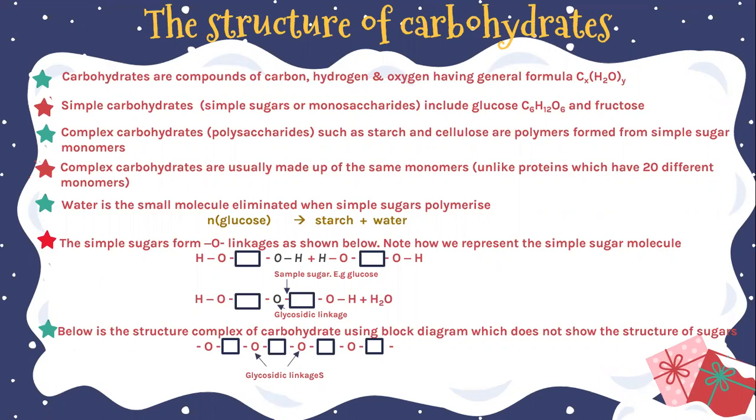Complex carbohydrates are usually made up of the same monomer, unlike protein which has 20 different monomers.